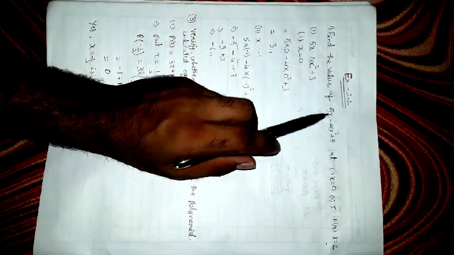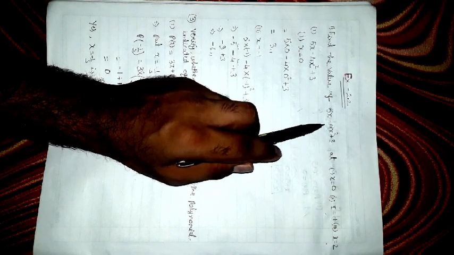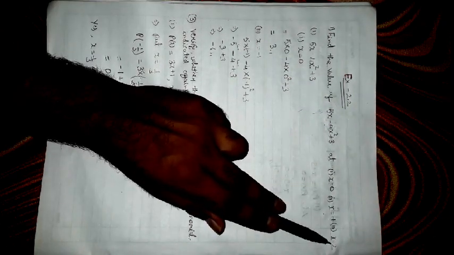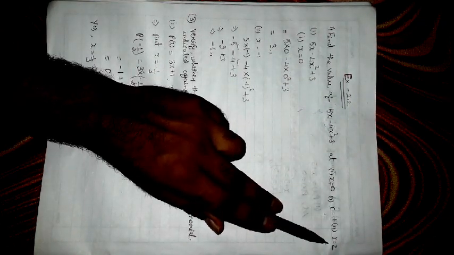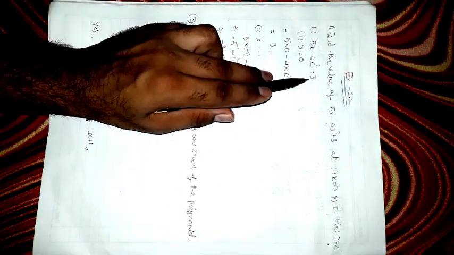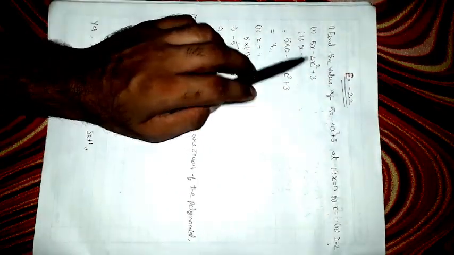To find the value of the given polynomial, we need to put the value of x as 0 the first time, minus 1 the second time, and 2 the third time. I am taking the first one first. I have written the given polynomial 5x minus 4x square plus 3. Instead of x, first I'll put x equals 0.